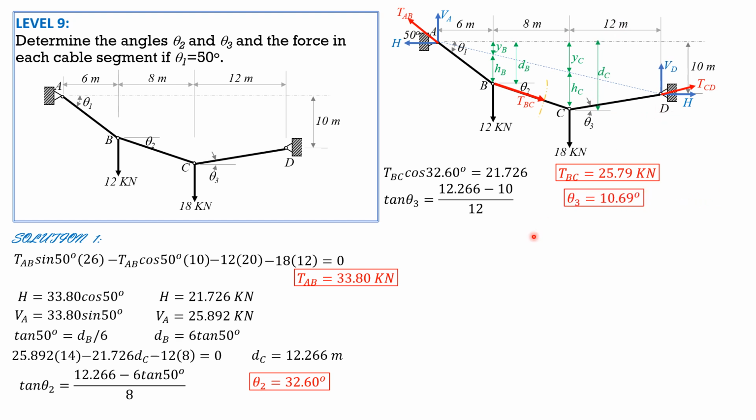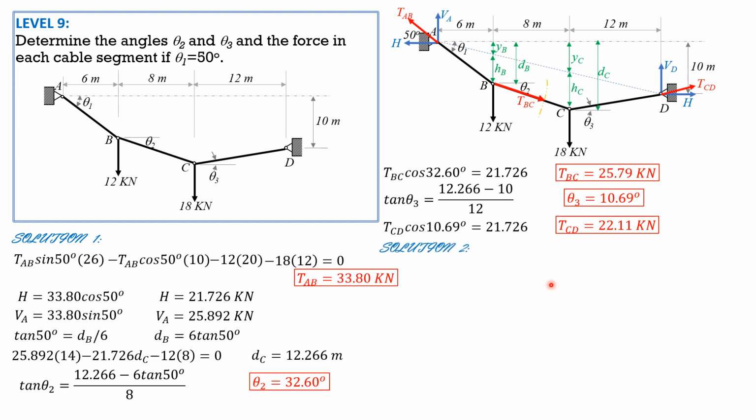It is equal to 10.69 degrees. Then tension CD cosine of 10.69 degrees equals H, 21.726. So tension CD can now be computed. It is equal to 22.11 kilonewtons.